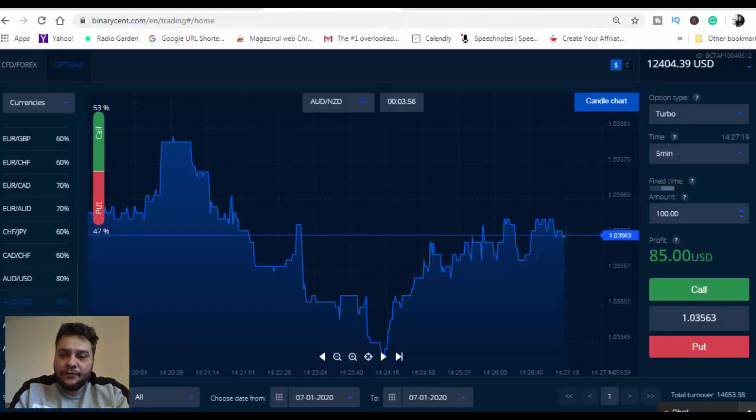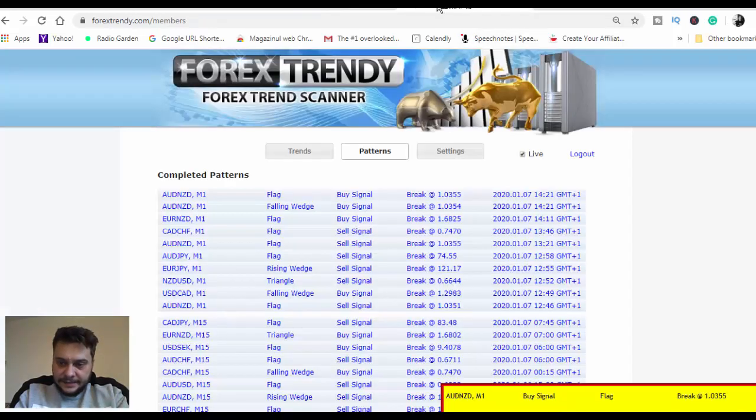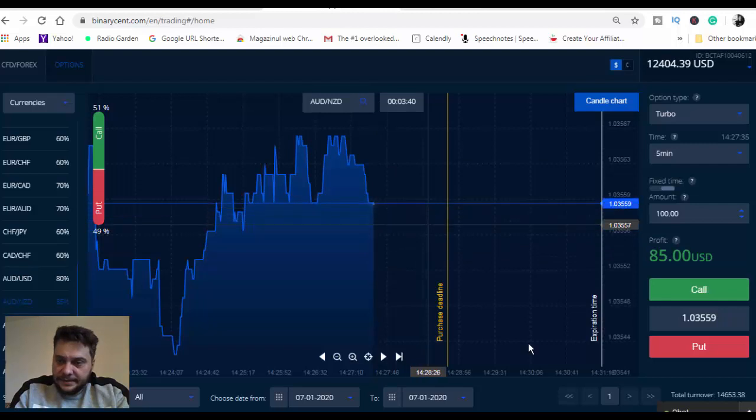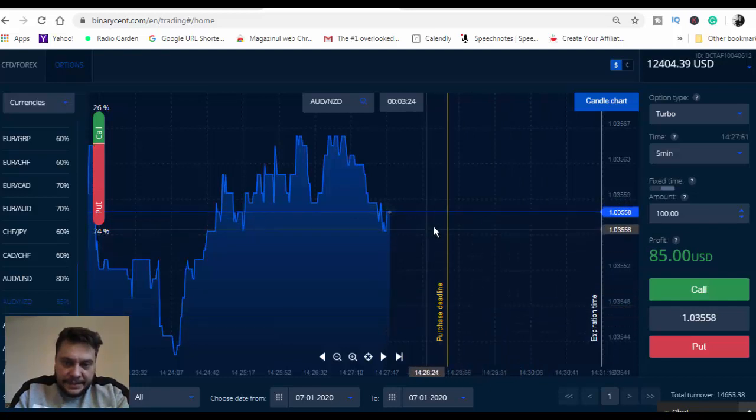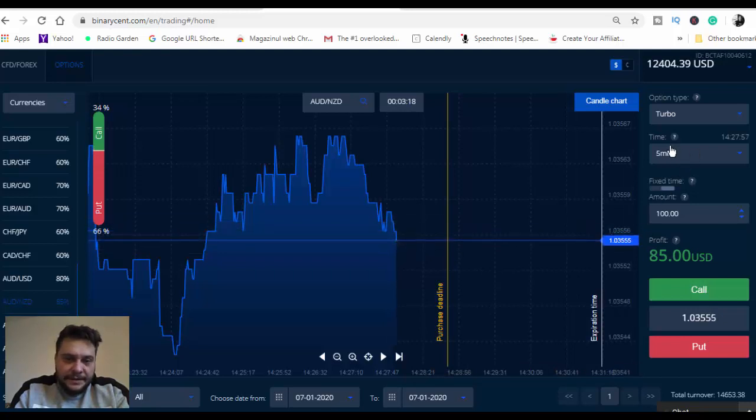So before everything, I want to go here on my dashboard and place this buy signal. Okay, so let's wait a little bit. Here is the purchase deadline, but we don't care about this line, and I'm using the 5-minute chart.